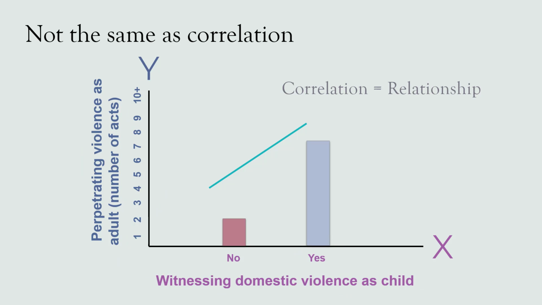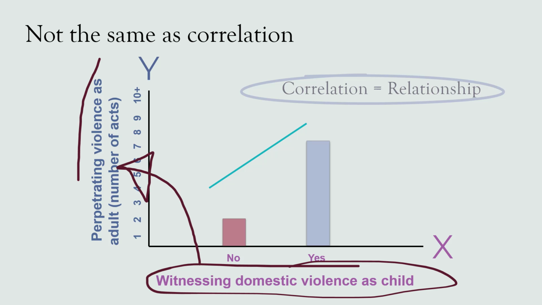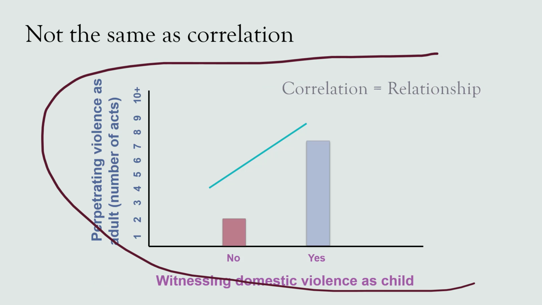In any case, this is evidence of a relationship. What this doesn't tell us is whether witnessing domestic violence as a child is what led to or caused the violence as an adult.